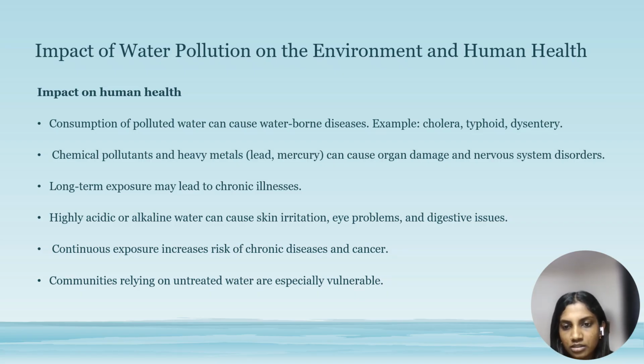The long-term exposure to polluted water may cause chronic illness, and water that is highly acidic or alkaline can lead to skin irritation, eye problems, and digestive issues. Continuous exposure to these contaminants also increases the risk of chronic disease and cancer, making communities that rely on untreated water particularly vulnerable.